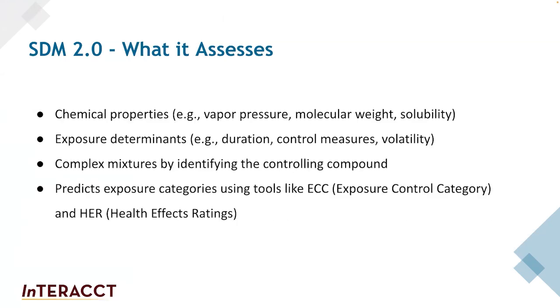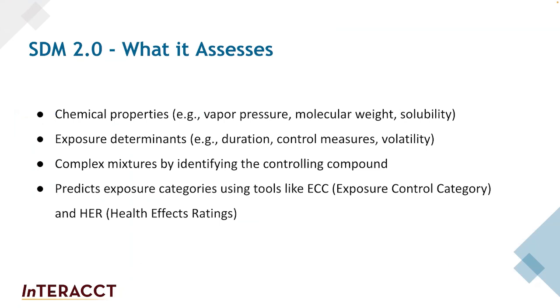STM 2.0 assesses several factors to estimate exposure risk. It looks at chemical properties such as vapor pressure, molecular weight, and solubility. It also evaluates exposure determinants, including the duration of exposure, the control measures in place, and the chemical's volatility.